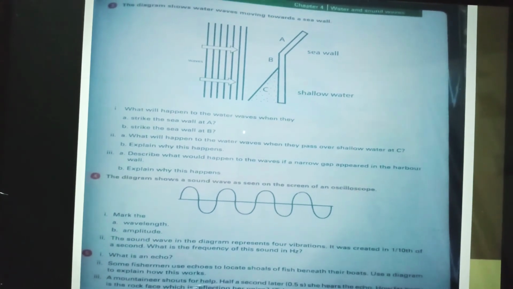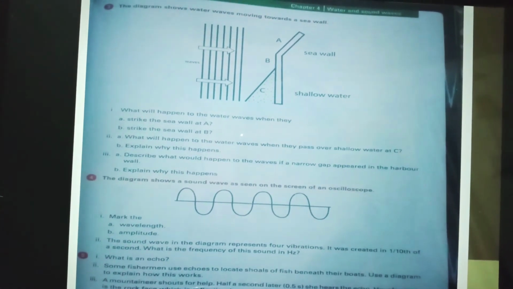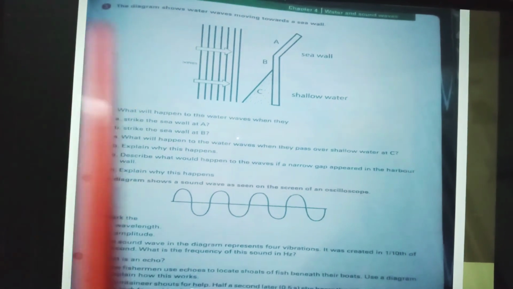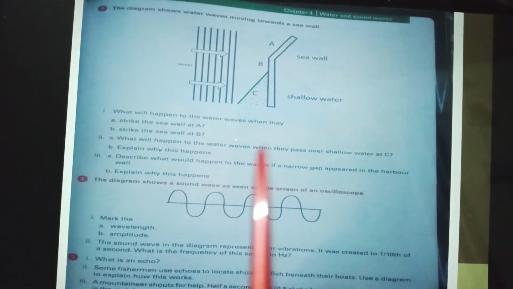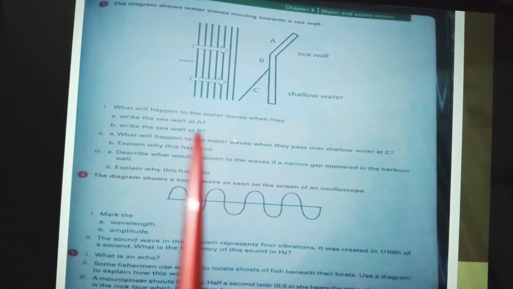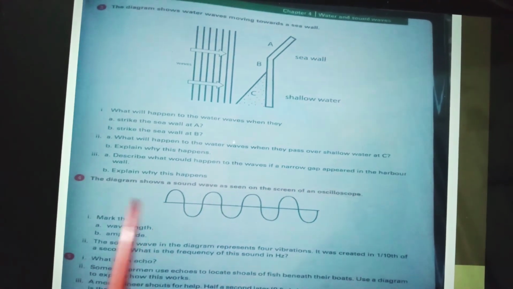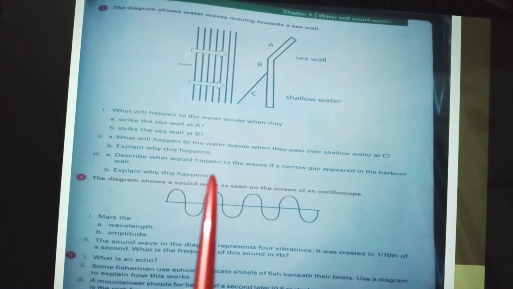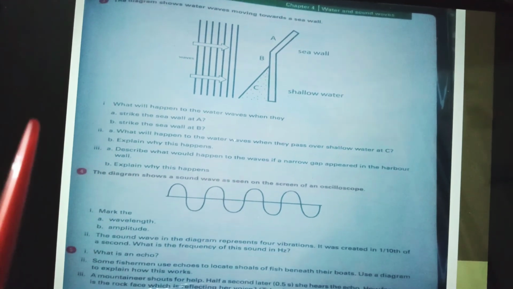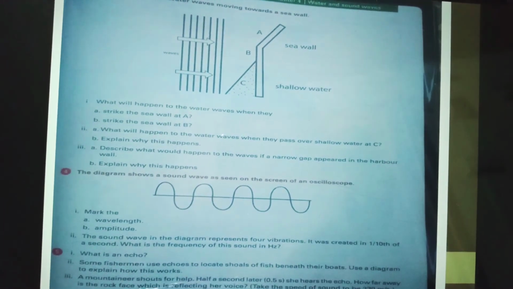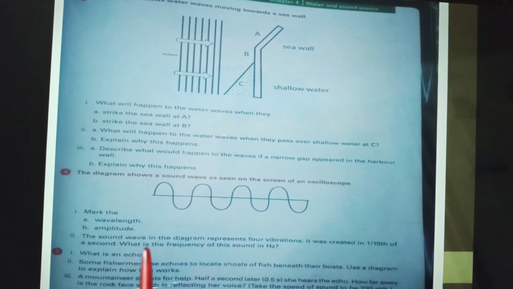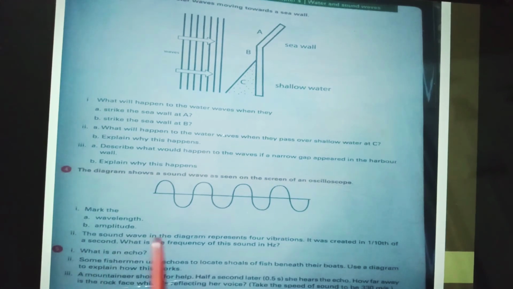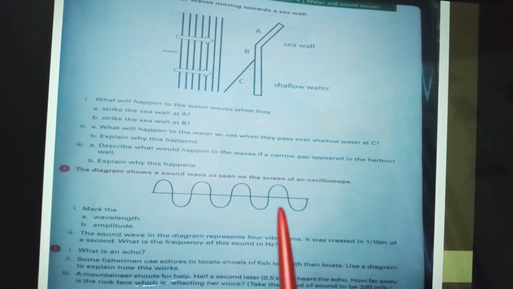You have to do exercise question 3 and 4, in which the diagram shows water waves moving towards a sea wall. The questions are: what will happen to the water waves when they strike the sea wall at A? What will happen when they strike the sea wall at B, and what will happen to the water waves when they pass over shallow water at sea?